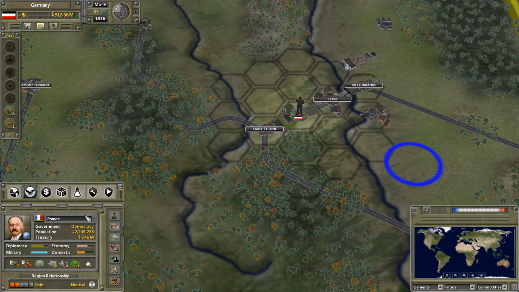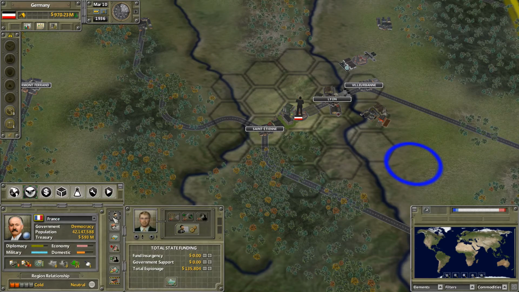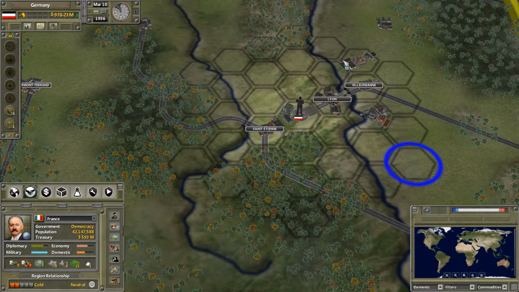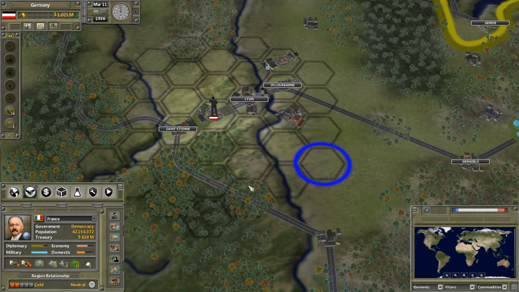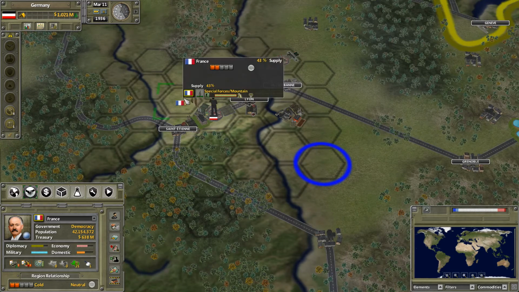And of course, to increase your chances, you can increase the military spending, I believe. Or was it espionage spending, I would assume. And as you can see, it will show some of the area around here. We don't see any troop movements. Actually, we do see special forces and mountain.